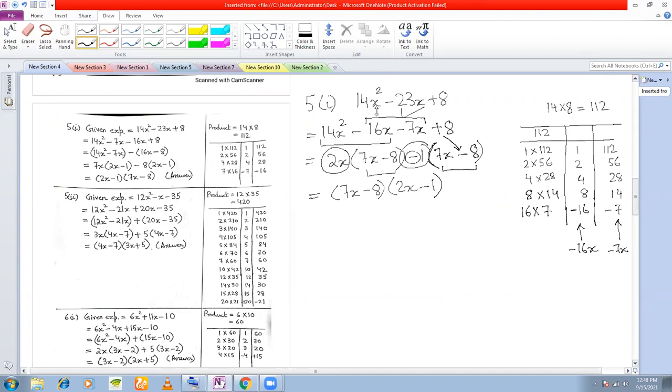I'm not understanding your question. Sir, I'm asking that if there will be a question like 14x square minus x plus 8, then we will consider 8 as greater or x as greater.